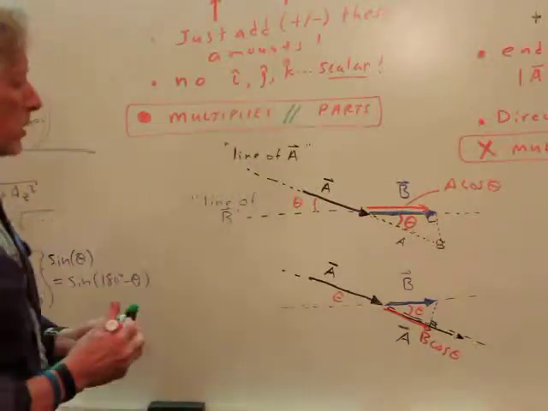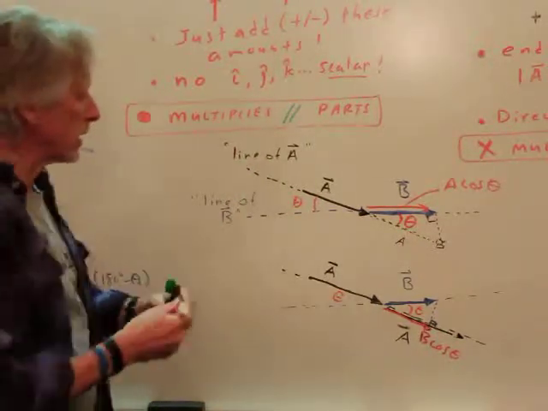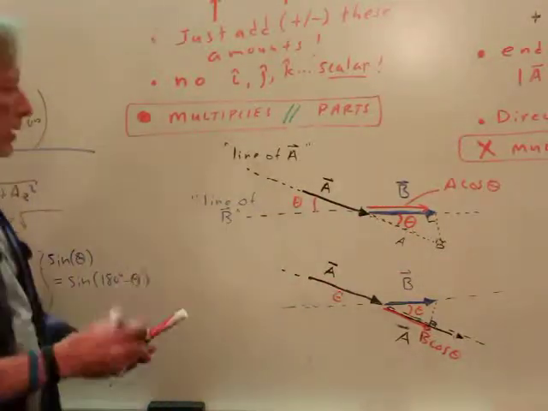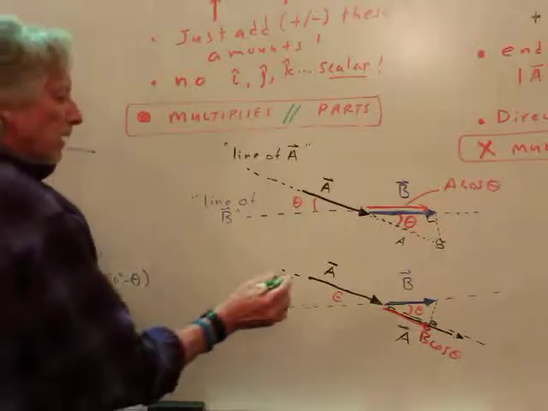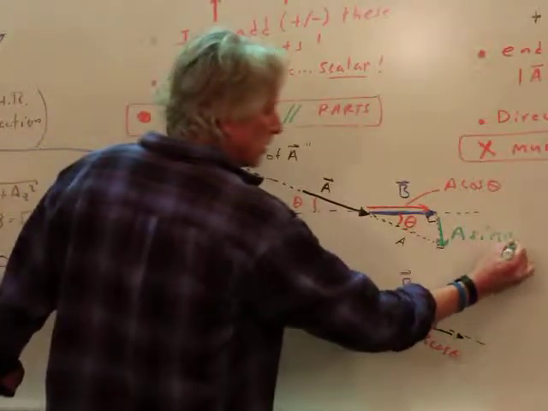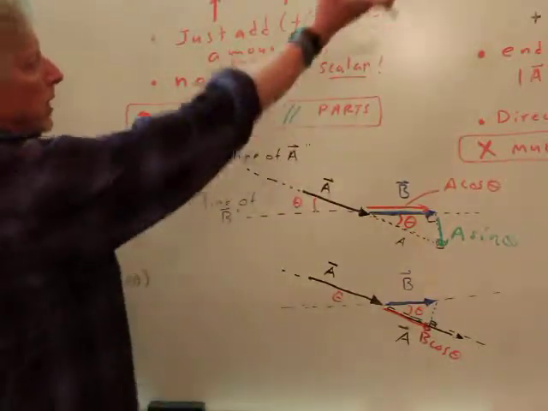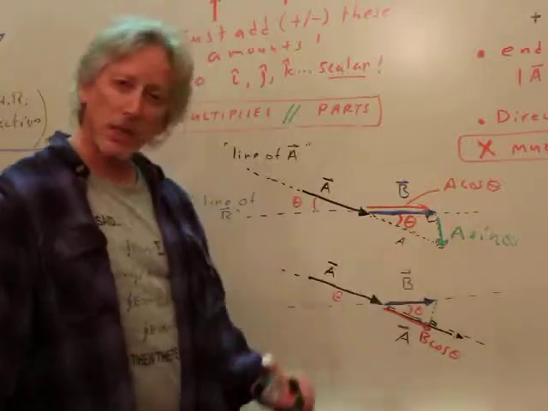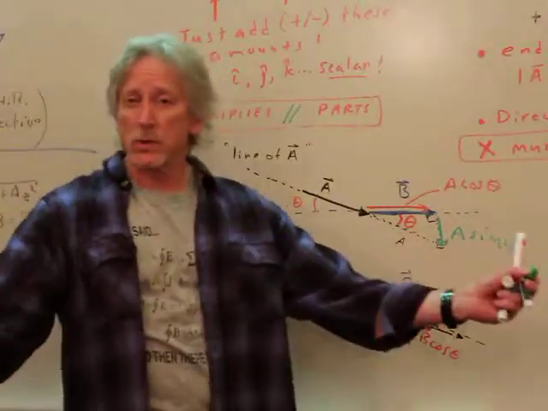So what does the other one do? Well, if I come over here and I say, wait a minute, if that's A cos theta, then A sine theta would be this. So when I do the other product, I'm multiplying B times the part of A perpendicular to it. And again, lots of uses.